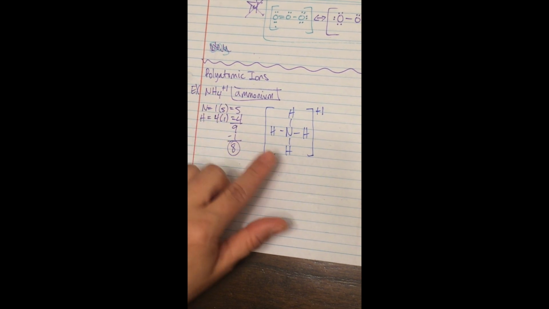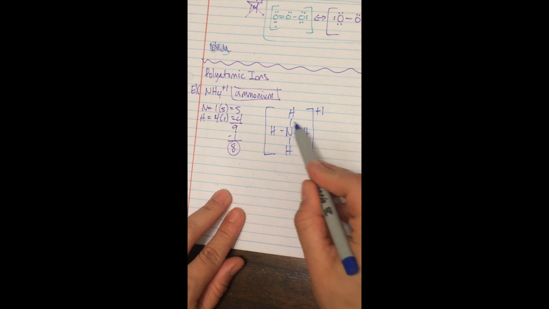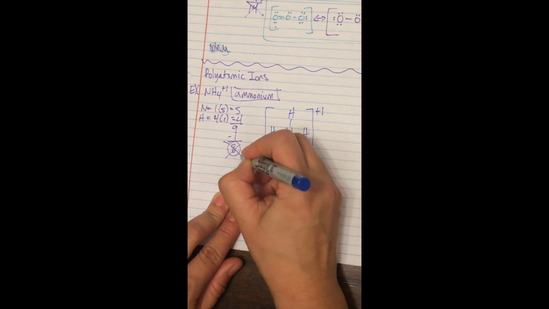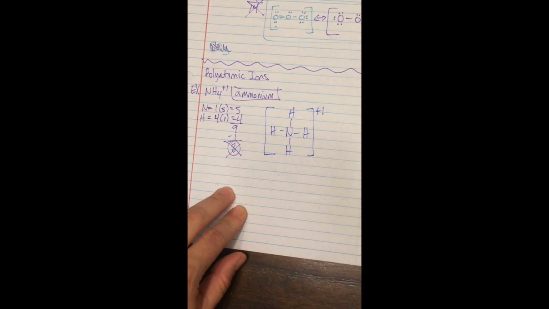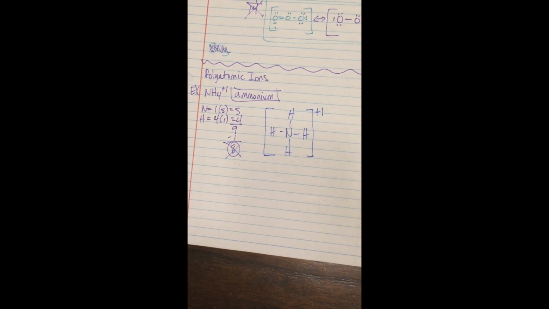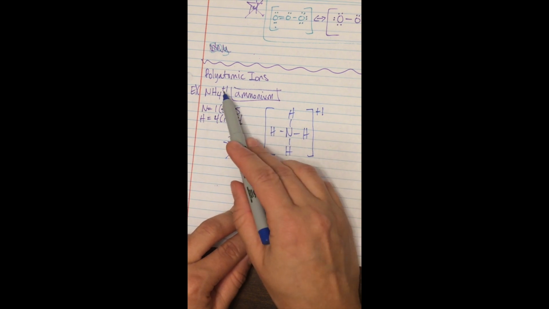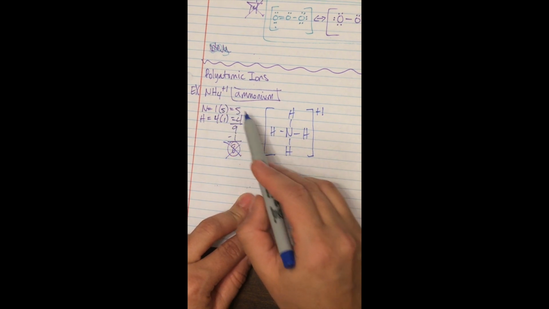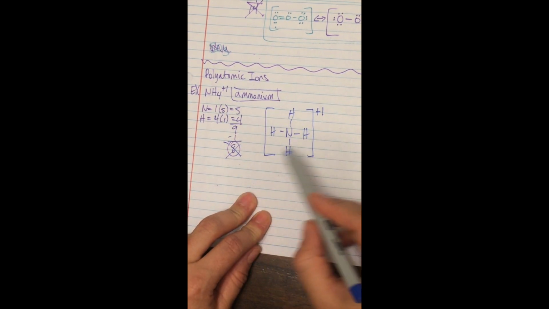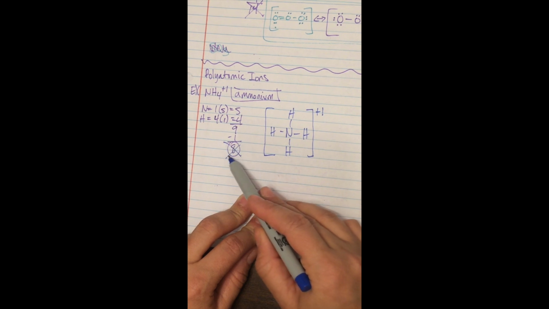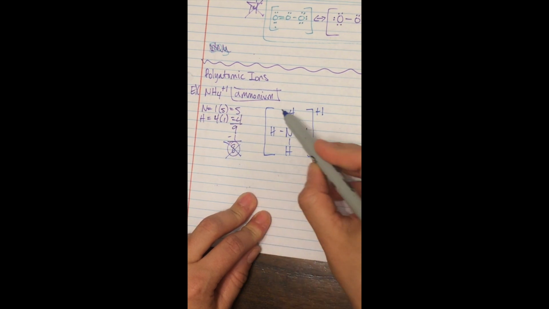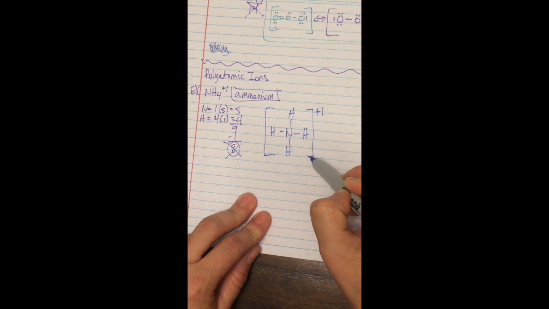So when I subtract out my bonded electrons, 2, 4, 6, 8, that uses up all 8 valence electrons right away, and that structure is done. Again, the thing to take away from here is that the plus charge tells you to subtract electrons, and that's going to fix your odd number to be an even number. And then when we draw the structure, we add square brackets and the charge.